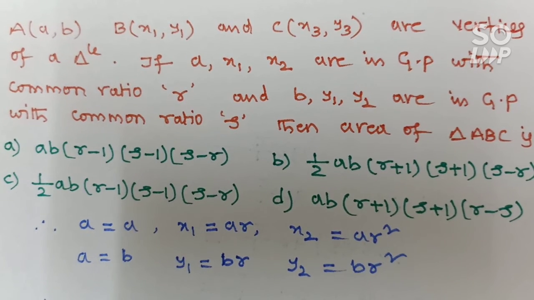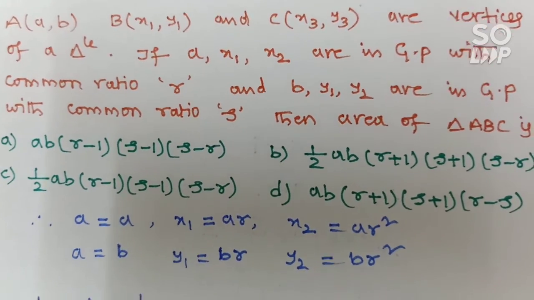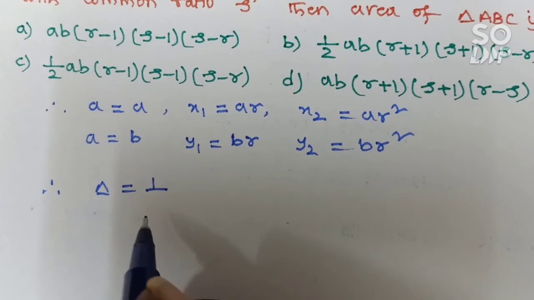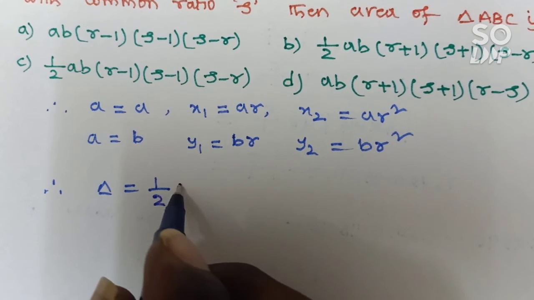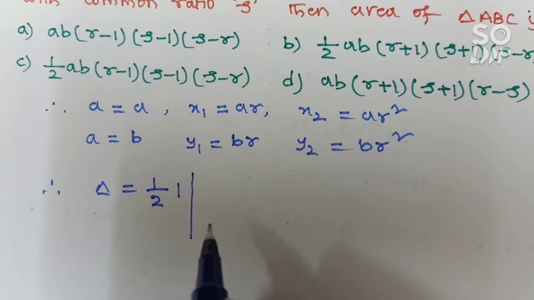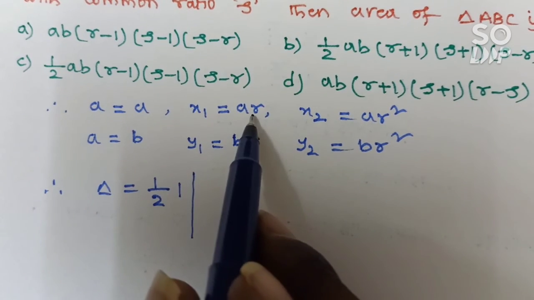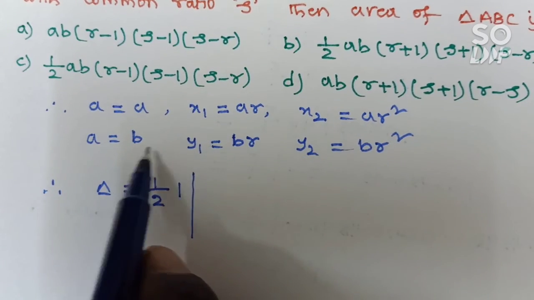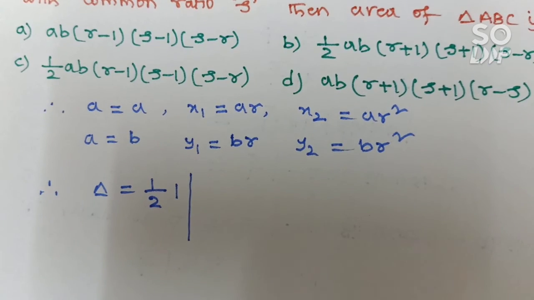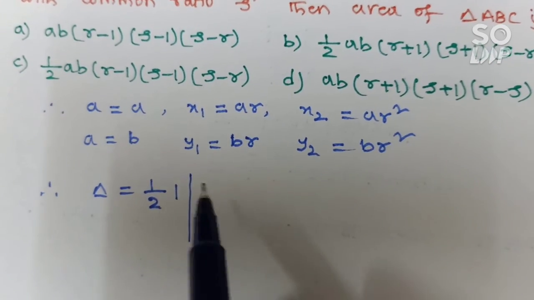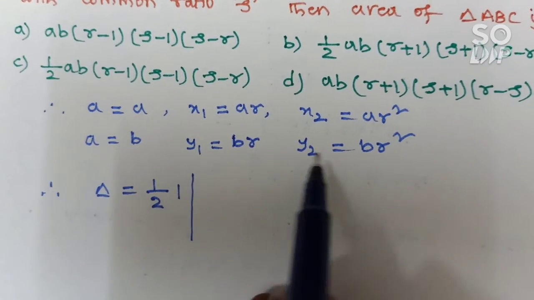Therefore delta is equal to half into modulus of x1 y1, x2 y2, x3 y3, that is x1 x2 x3 and y1 y2 y3.